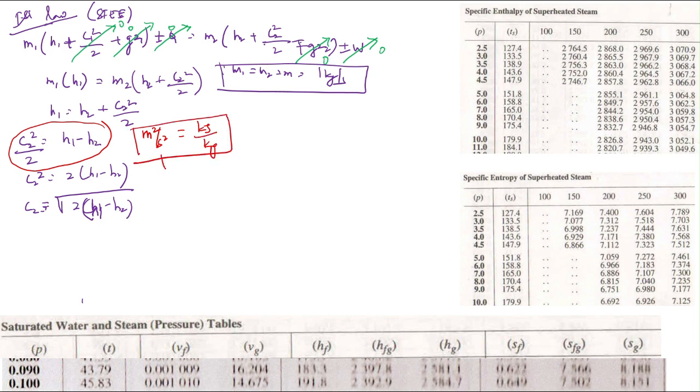Earlier we had a conversion to convert kilojoule per kilogram into meter square per second square. How can it be written? Kilojoule per kilogram: joule can be written as Newton meter divided by kilogram. What is the unit for Newton? Newton is mass into acceleration. So kilo mass into acceleration, and what is the unit for acceleration?